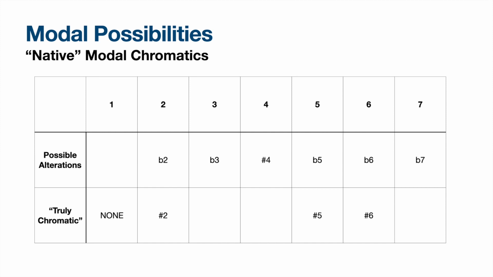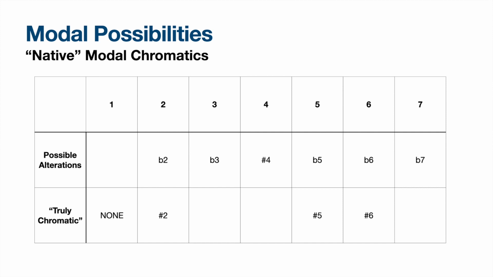Now of course, you say, well, what about 3, 4, and 7? Well, a sharp 3 is the same as 4, and a flat 4 is the same as 3, and a sharp 7 is the same as 1. And definitely, if you see those, you're going somewhere the composer, I would say, has lost their mind and gone off in some other world or key. Okay, so again, let me just say this again.